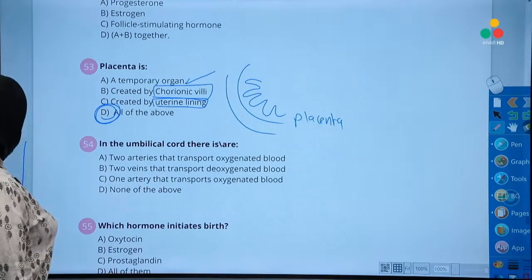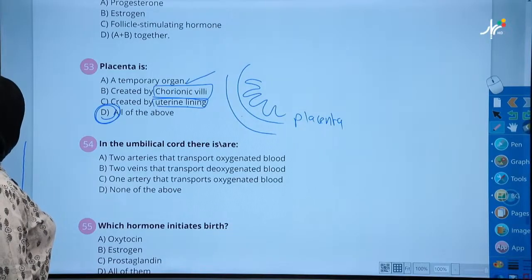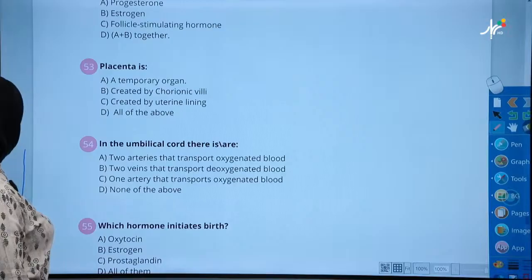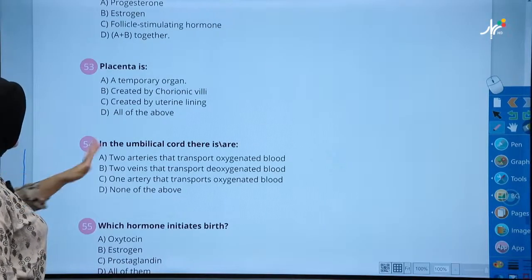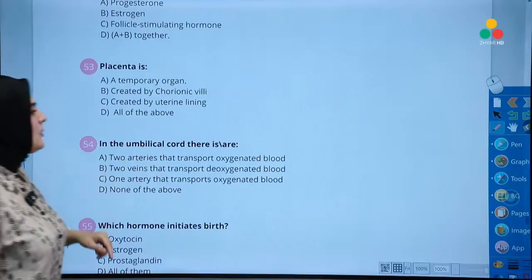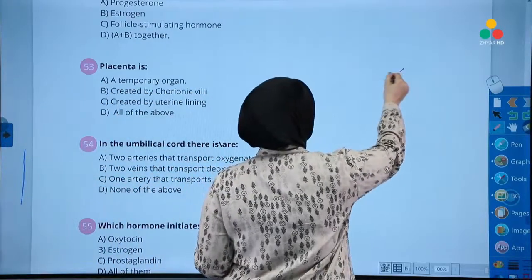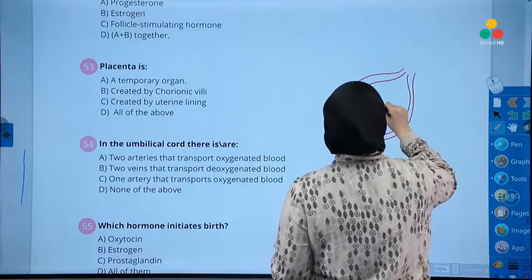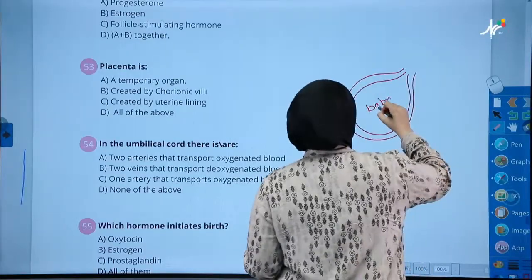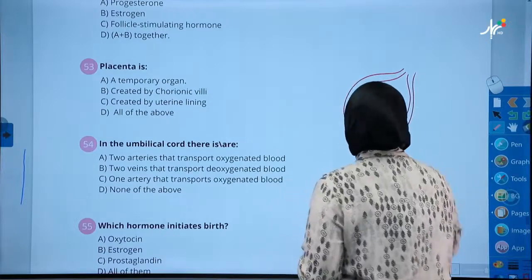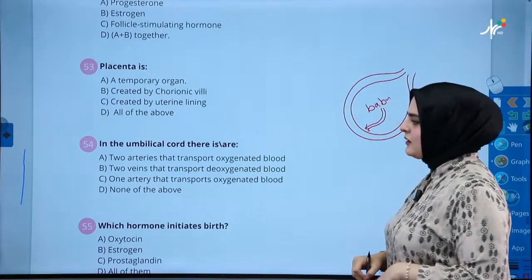Let's see. We're heading toward question 54. Okay, this is not working. Let's solve it like that. It says in the umbilical cord, okay, again, if this is the uterus and the baby is inside here, that baby needs to connect with the mom through this structure called the umbilical cord.